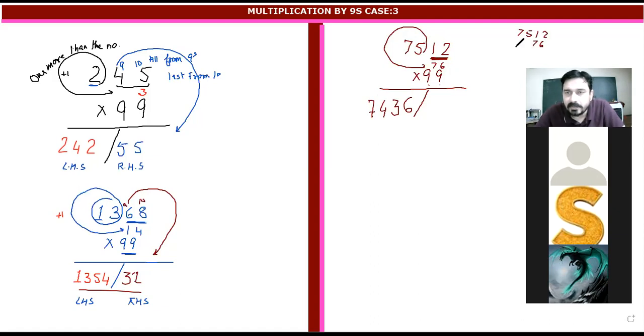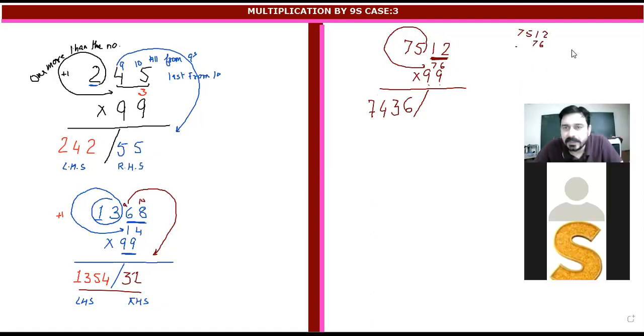Although I will be teaching a subtraction technique also in our later classes, right now you can use your own conventional method. You have given a carry 1 here, so this is 4, 4 minus 0 is 4, 7 minus 0 is 7. So this is 7436. This is clear to everyone.